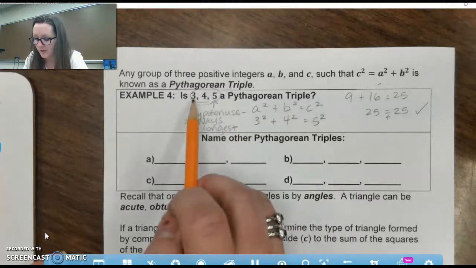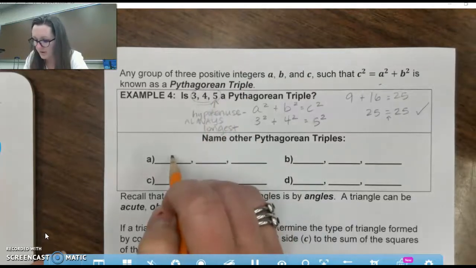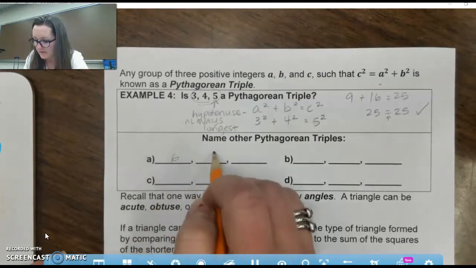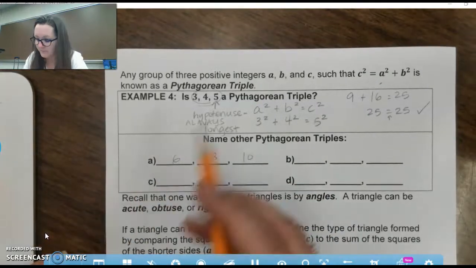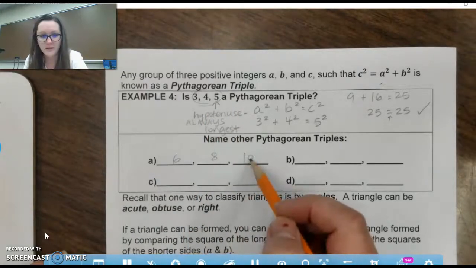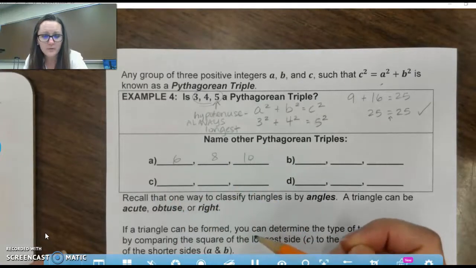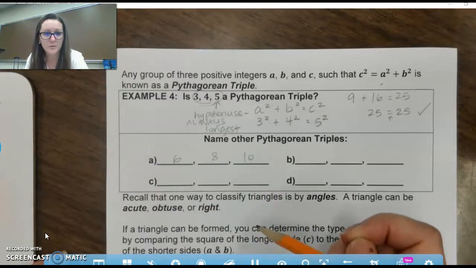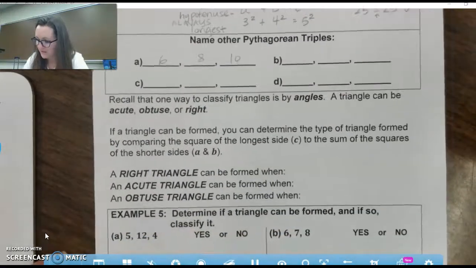So if I already know that 3, 4, 5 is a Pythagorean triple, then I also know that 6, 8, 10 is a Pythagorean triple. See what I did there? 3 times 2 is 6, 4 times 2 is 8, 5 times 2 is 10. So if I find the next multiple of those numbers, then I know that that's also a Pythagorean triple. Little hint there for you.